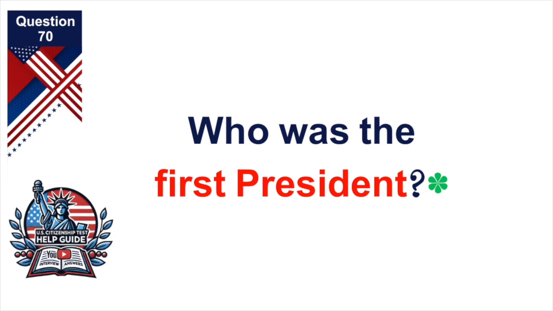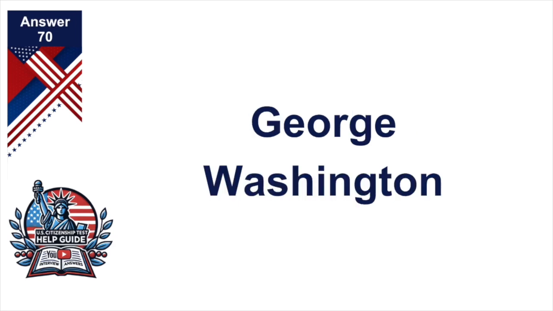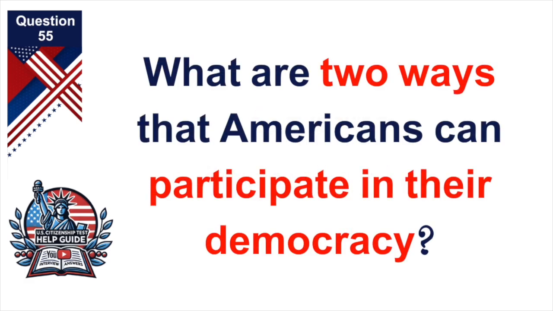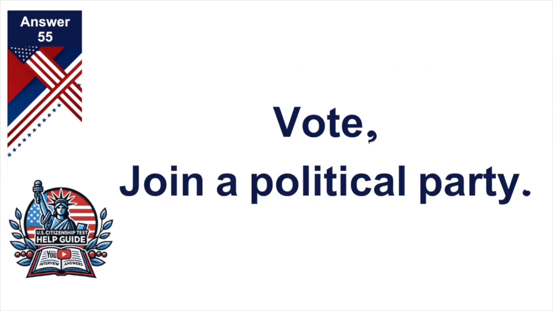Who was the first president? George Washington. What are two ways that Americans can participate in their democracy? Vote. Join a political party.